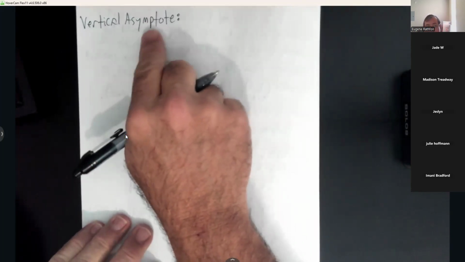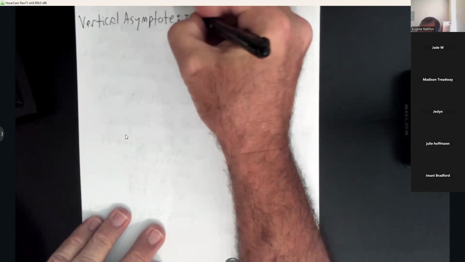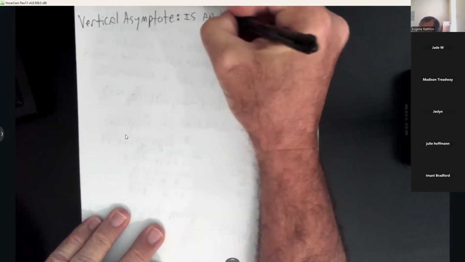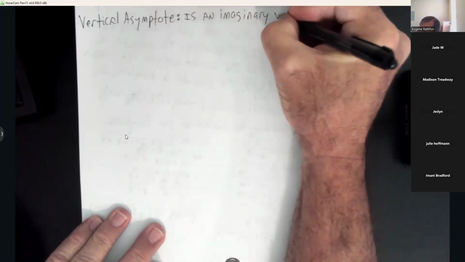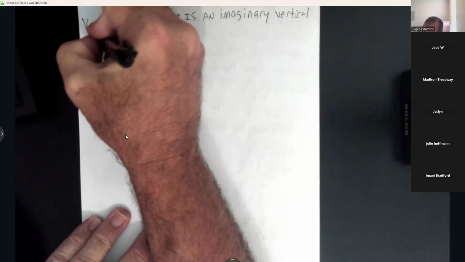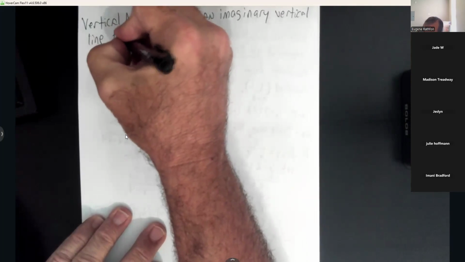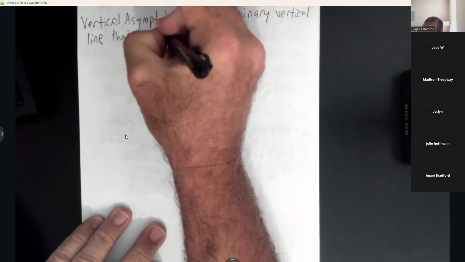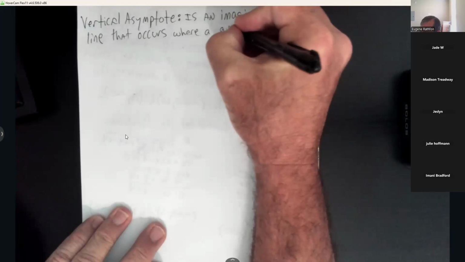All right, so in vertical asymptote, essentially this is an imaginary vertical line. So it's an imaginary vertical line that occurs where a graph is undefined.